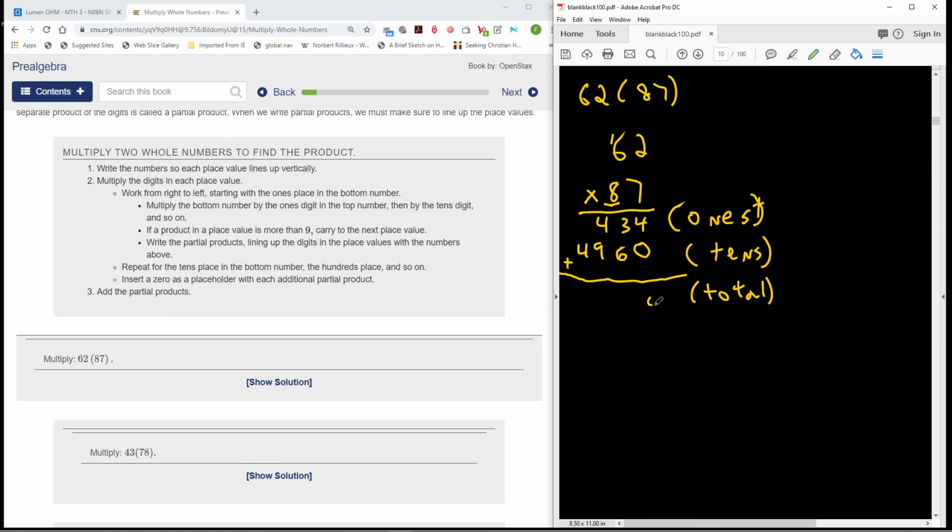4 and 0 is 4. 6 and 3 is 9. 9 and 4 is 13.